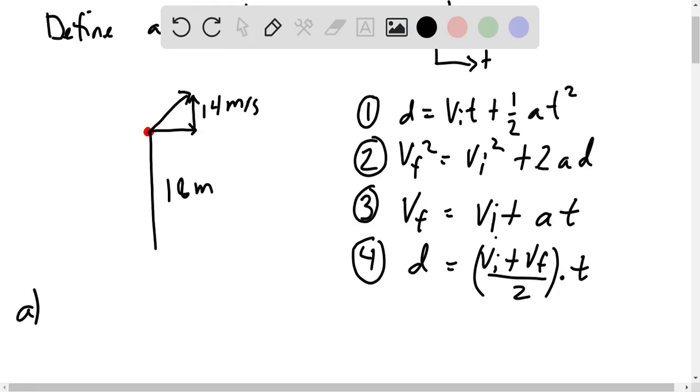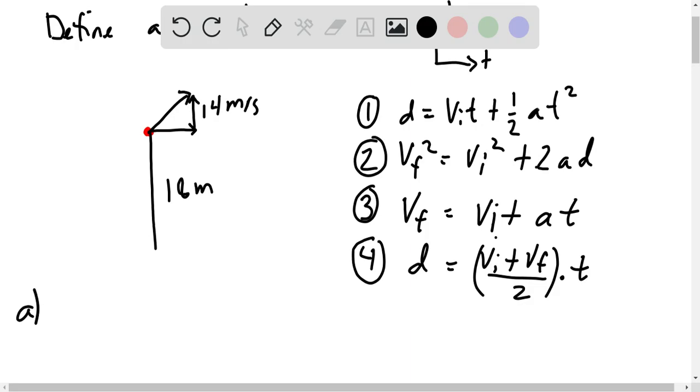So we have that piece of information. We know how far it's traveled in the y direction, which is 18 meters. And so when we look at equation 2, we see that we know vf, as we just stated, is 14 meters per second. We know d is 18 meters. And we know the acceleration due to gravity is the acceleration that the object feels in the y direction.